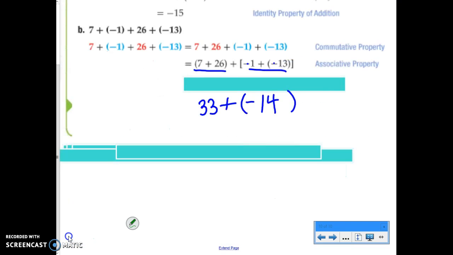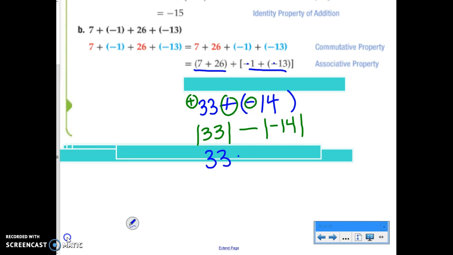Now if I take a look, the next step I have to do, I'm adding opposites. This is a positive and this is a negative. And when I add opposites, I take the absolute value. So I have 33 and I subtract them. So 33 minus the absolute value of negative 14. I take a look, I get 33 minus 14.